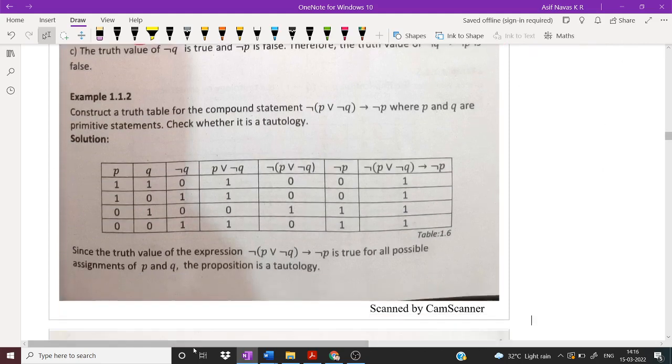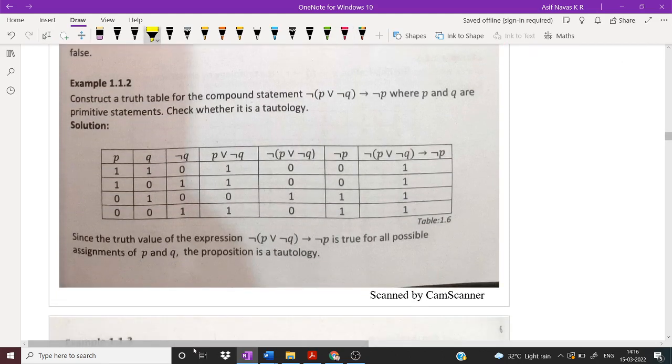Another important problem is to construct a truth table for the compound statement negation of P disjunction negation Q implies negation P, where P and Q are primitive statements. So the first column is P, the second column is Q, then we have negation Q, P disjunction negation Q, its negation, negation P, and the final statement.